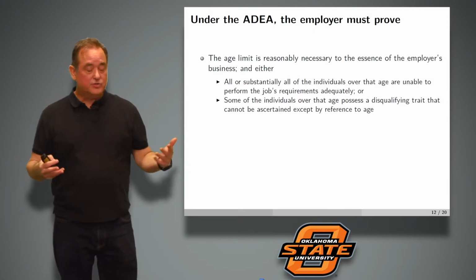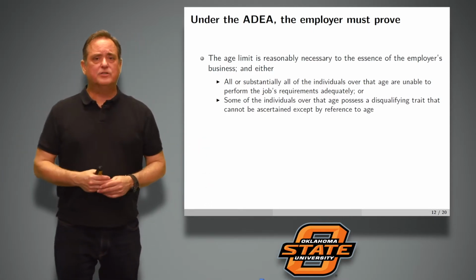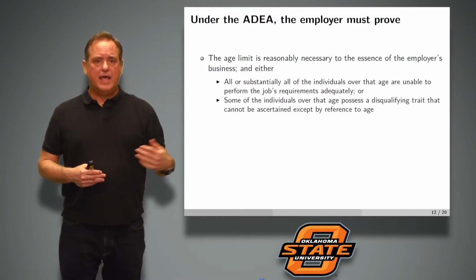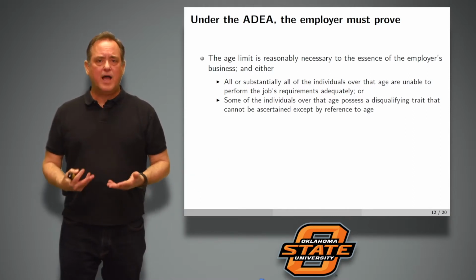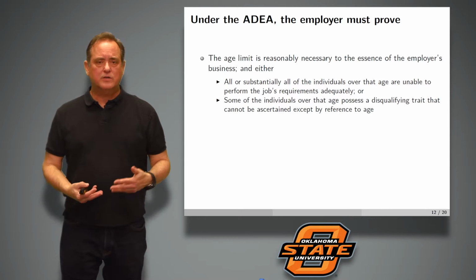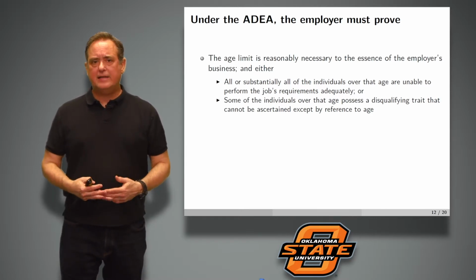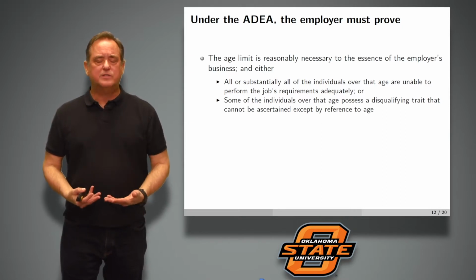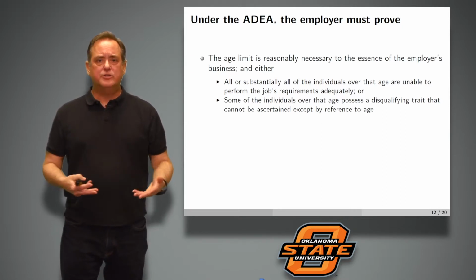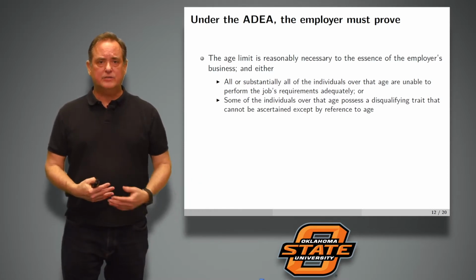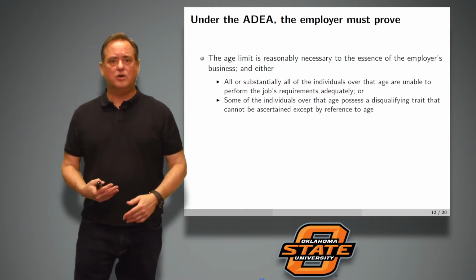If I have a trucking company, I hire commercial drivers, and I have a policy that I don't hire anyone who is over 70 years old. And the reason for that is that once you are over 70, your night vision becomes worse, and therefore you are more likely to get into an accident and cause harm.